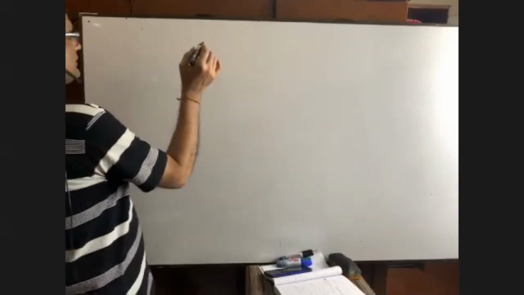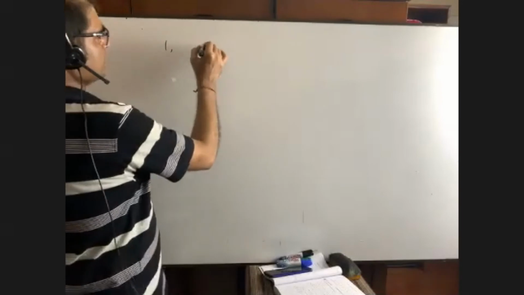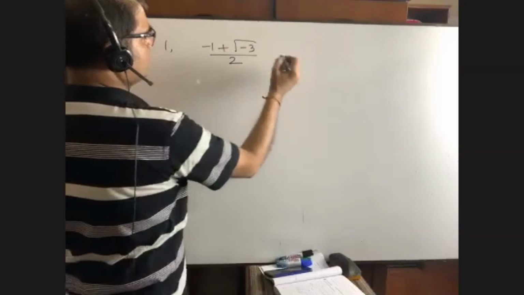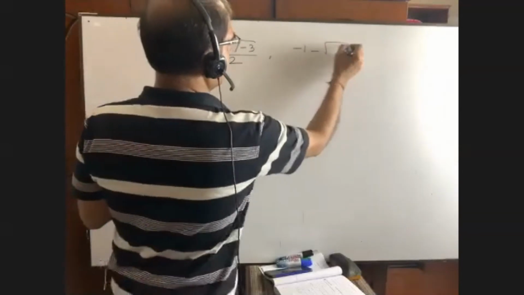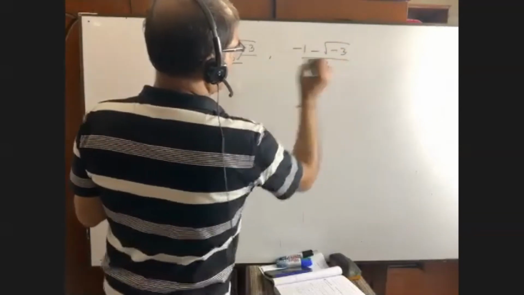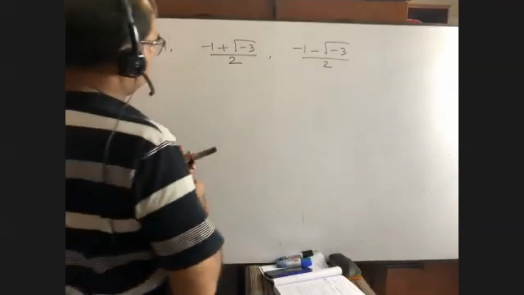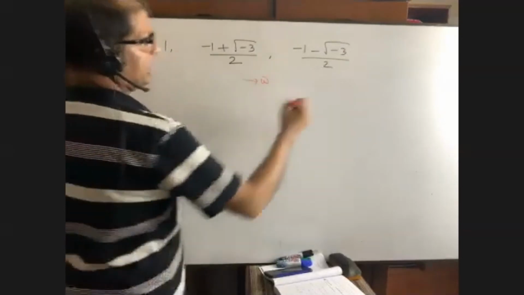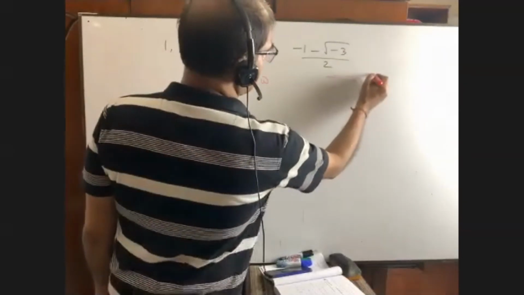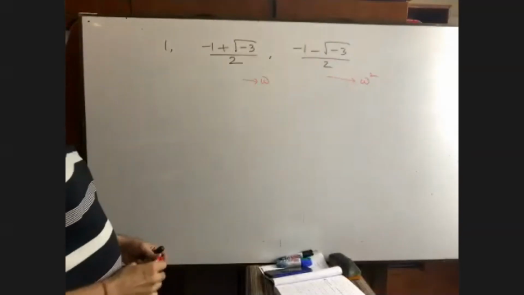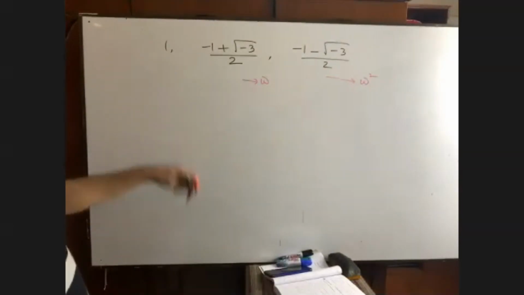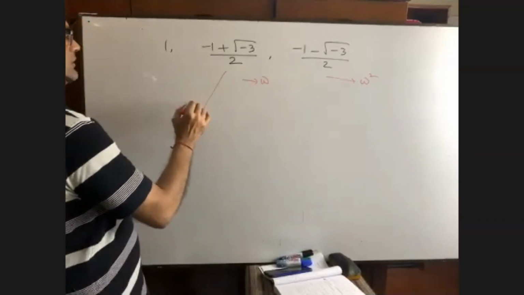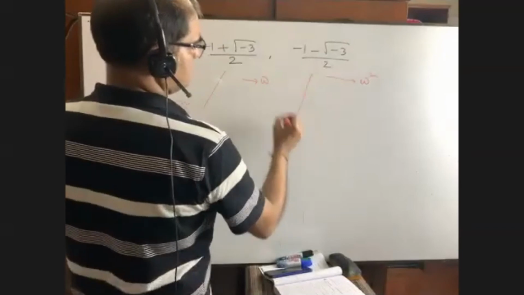Perhaps 1, right? -1 by 2 and -1 by 2. Okay, that's good. What I have considered is as by omega and it is as by omega square, right? But none of you told me if I want to take it omega square, if I want to take it omega, right?